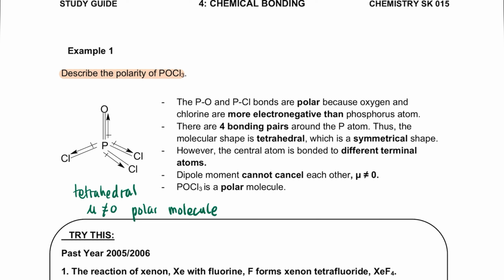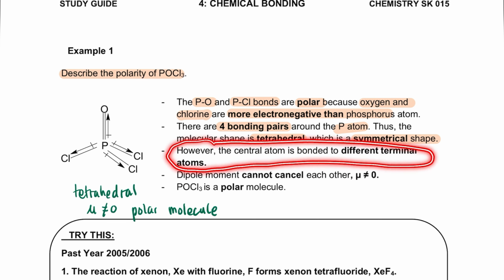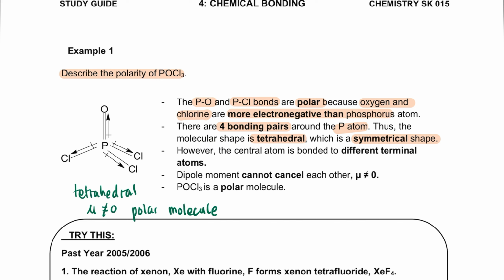Cuma you will see dekat sini ada certain thing yang different sikit lah. Okay, so over here ada 2 jenis bond, PO bond, PCl bond adalah polar. And then they mention because oxygen and chlorine tu lebih electronegative daripada phosphorus. Okay, and then dia juga mention about the bonding. Okay, ada 4 bonding pair around the central atom P. And then the molecular shape is tetrahedral, which is in this case adalah symmetrical shape. Okay, so this is the sentence di mana kamu akan tengok yang sebelum previous example tak ada mention about this one. Sebab tak perlu pun, sebab dia asymmetrical.